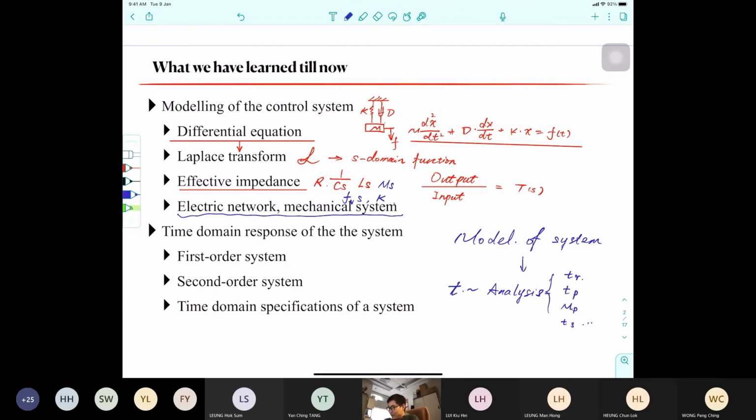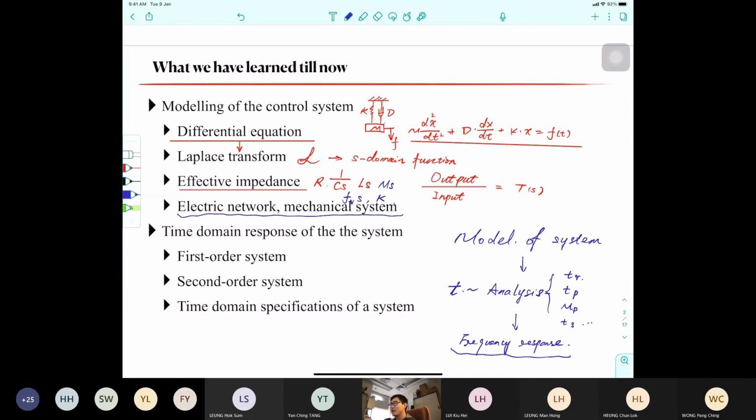After time domain design, the next step in analysis, we can do some frequency response of the system. So this part we will use about 2 to 3 lectures to talk about the frequency response of the system. Even more, it's more than 3 lectures.